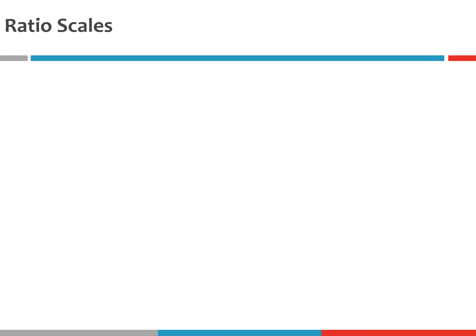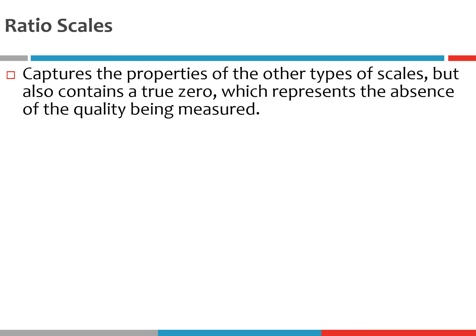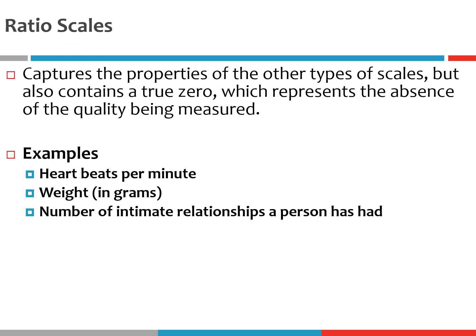Okay, and lastly, we have ratio scales. Ratio scales are going to include all 3 of those measurement properties that we've talked about. Ratio scales are going to capture the properties of all of the other types of scales, but also contain a true 0, which accurately represents the absence of the quality being measured. So again, let's look at some examples.